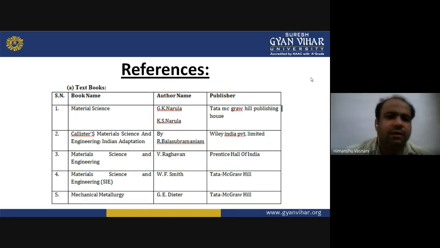These heat treatment processes are used in industries and should be known by us from a knowledge point of view. And these are the references.